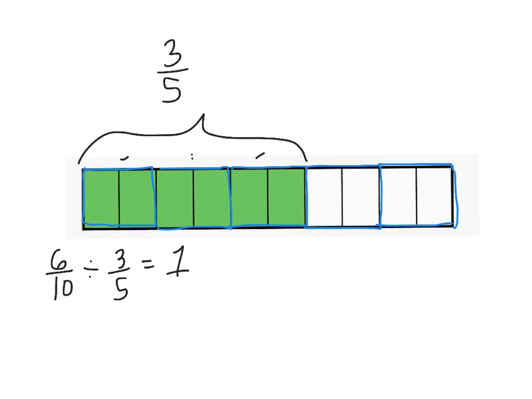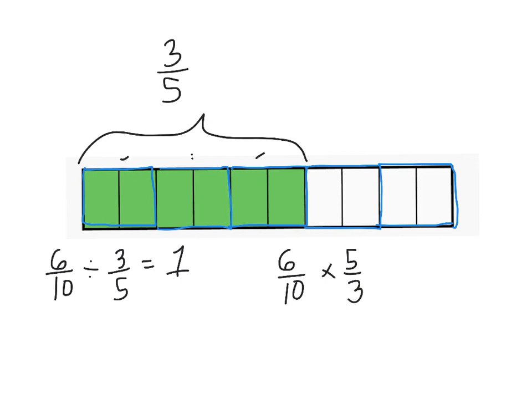So let's check. We learned how to use the reciprocal. So 6/10, what's the reciprocal of 3/5? Correct, it's 5/3. And then we're going to multiply instead of divide. Can we cancel any value? It can be a numerator against the denominator. Yes, we can.